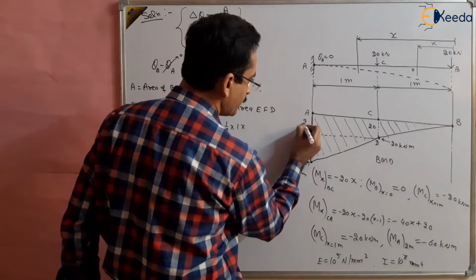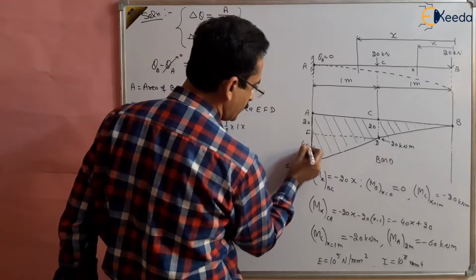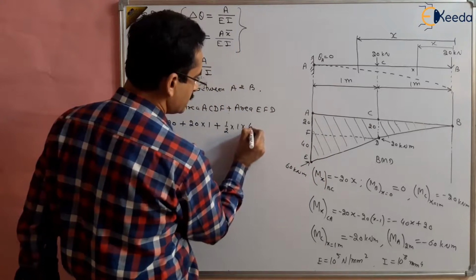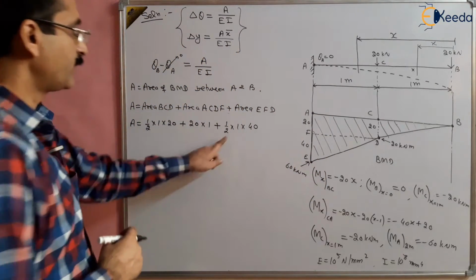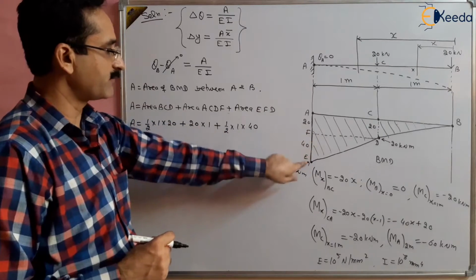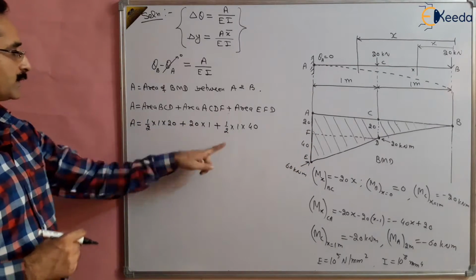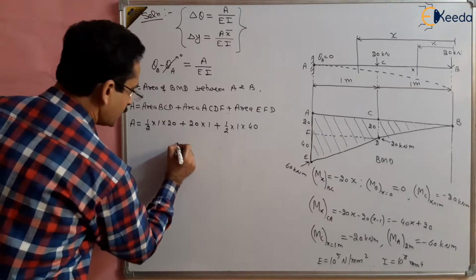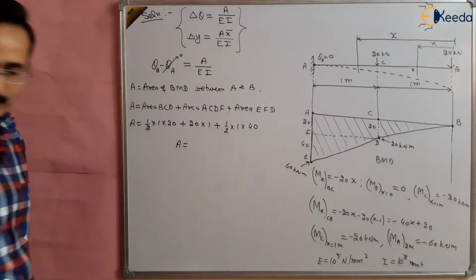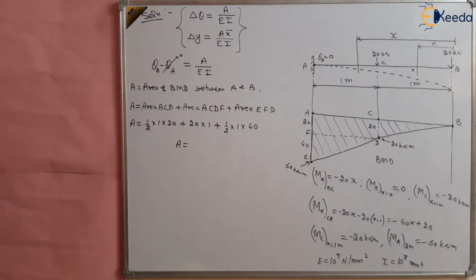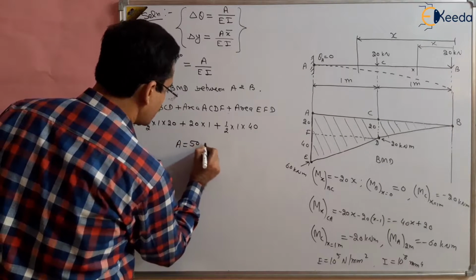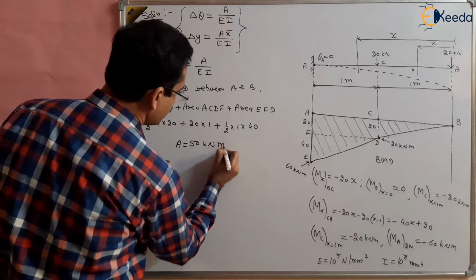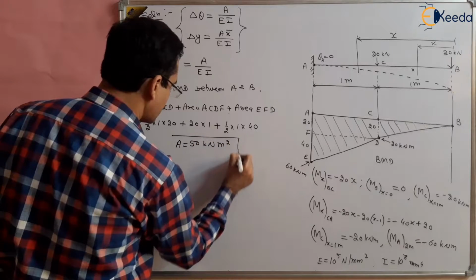If this is 20, this will remain 40 because total it is 60, so this is 40. Half into base into height is 40 of this FE. So this is the total area. Solve it and find out the area of this bending moment diagram. Total area 50 kilonewton meter square.